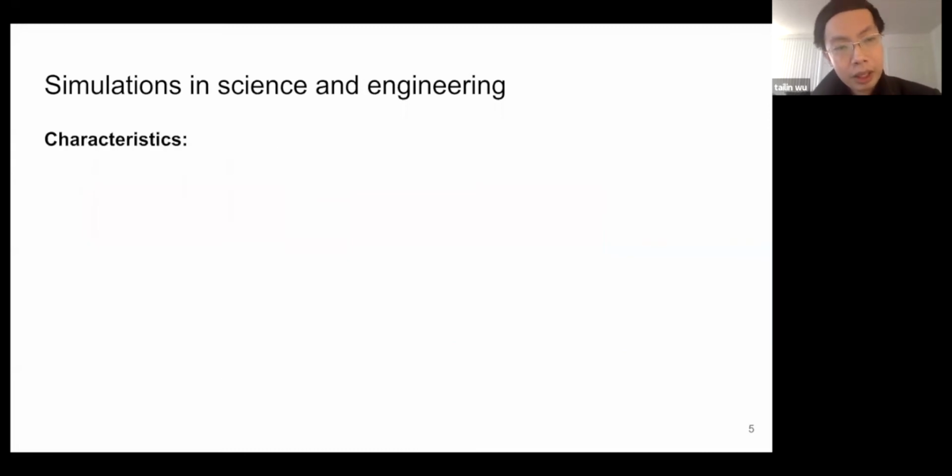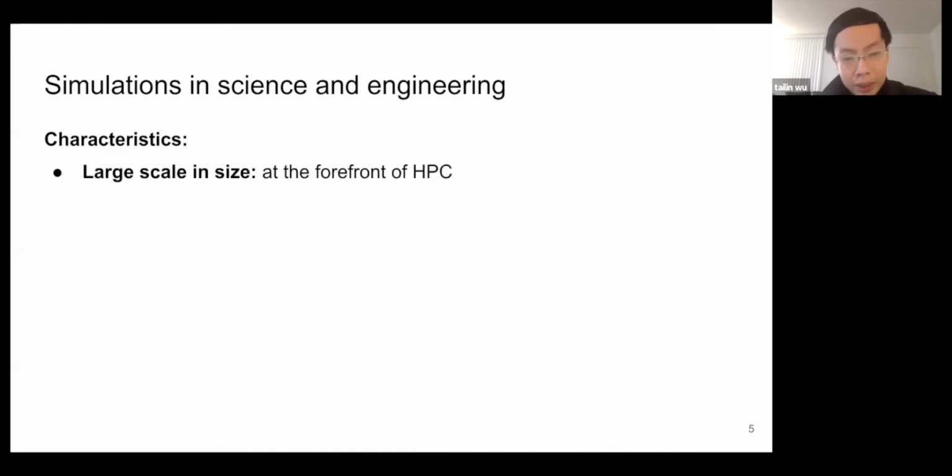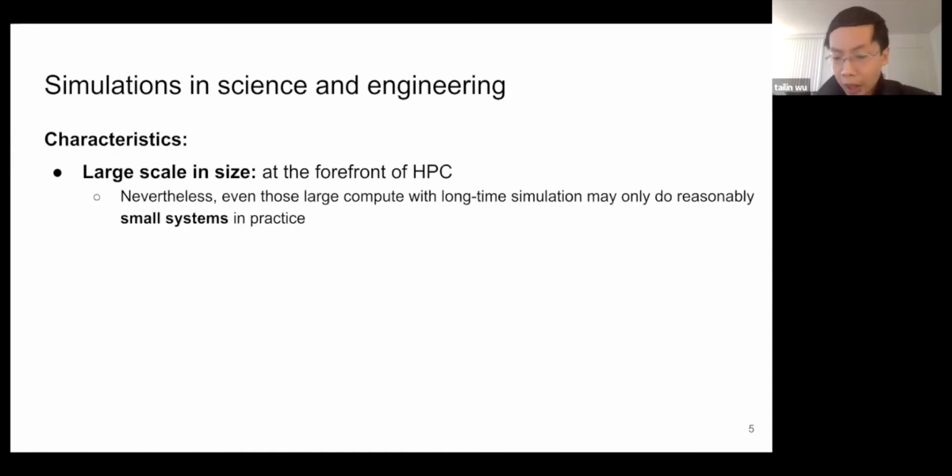Among many of these simulations, although they are quite different in appearance, there are some common characteristics shared between them. Firstly, these simulations are usually very large in scale and at the forefront of high performance computing. Even though they require so much compute, usually they can only simulate a small proportion of the systems.